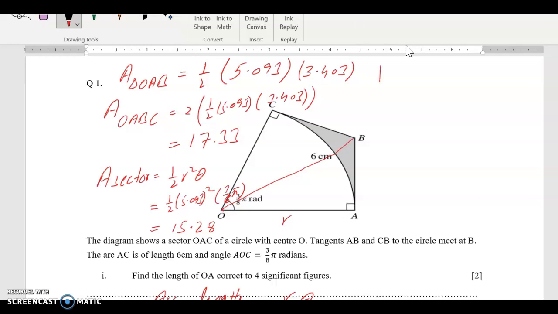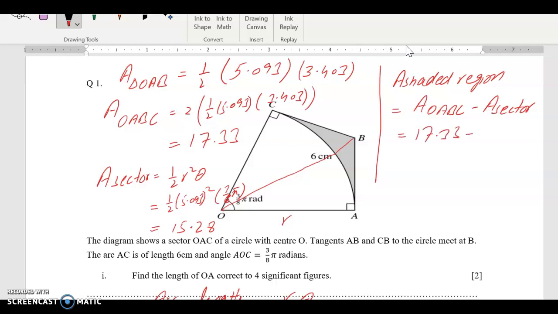So area of shaded region will be equal to area of OABC, the kite, minus area of sector. So 17.33 minus 15.28. This will give us 2.05 centimeters squared, which is the area of the shaded region.